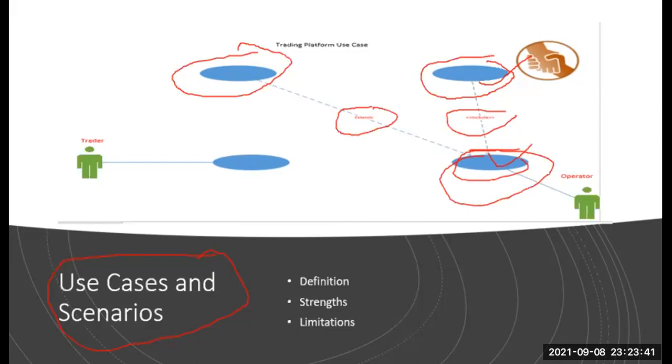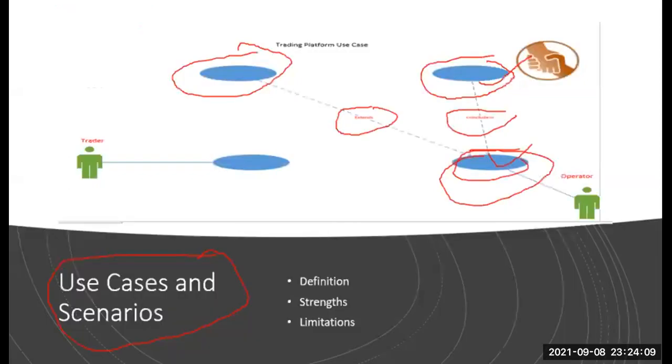To put it simply, with extends the extended use case is optional, while with includes the included use case is mandatory. Include means kind of dependent, and extend is not dependent on the primary one. Yeah, correct.